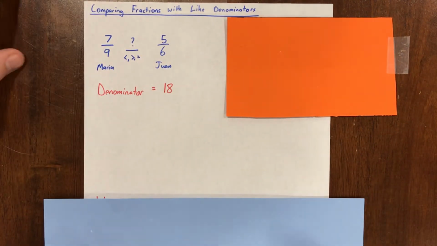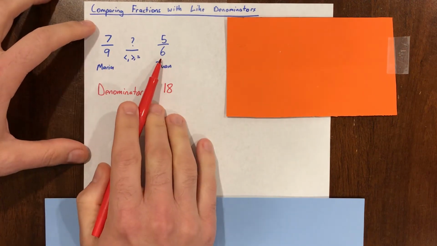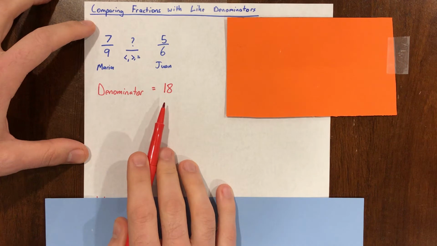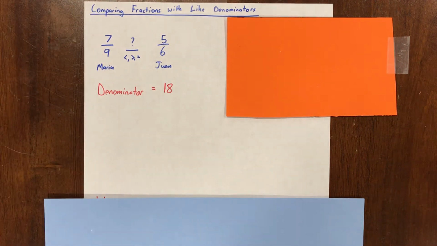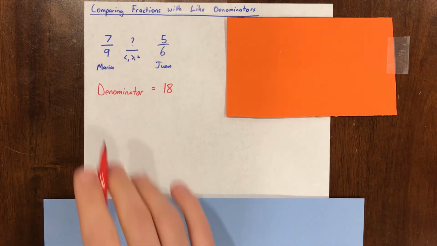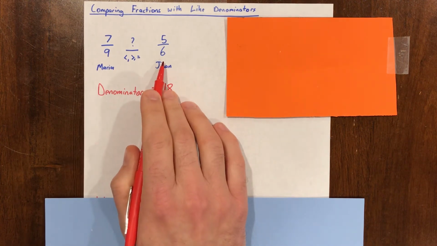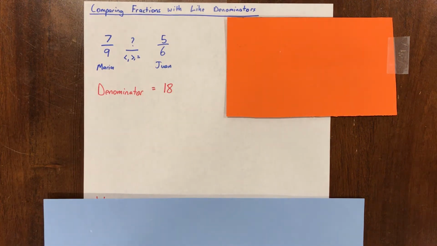So think about the multiples of these two denominators. Why would 18 make sense as a common denominator for those two fractions? Say it out loud. Right. 18 is a multiple of both 9 and 6. So we can rename both of those fractions as 18ths.